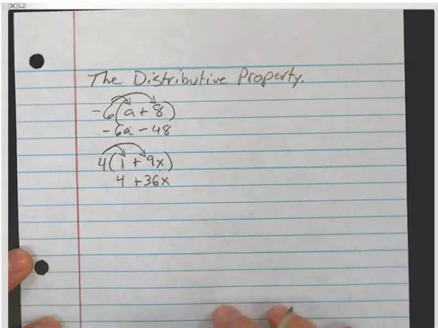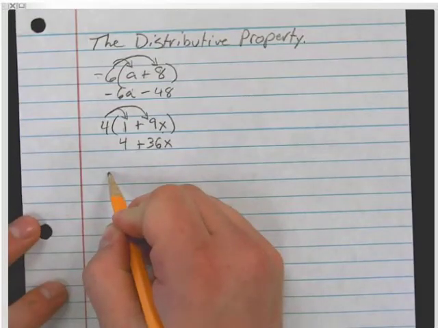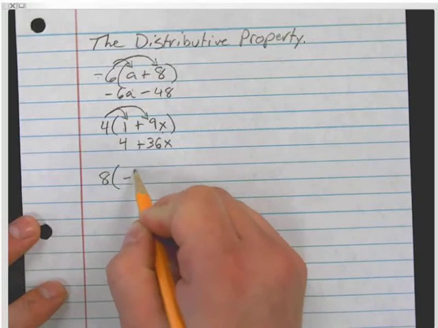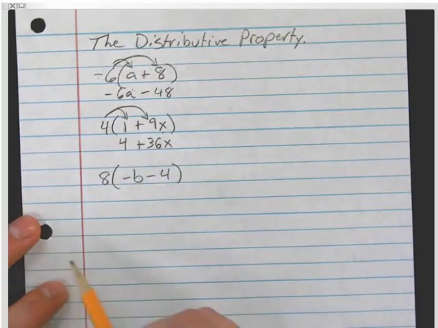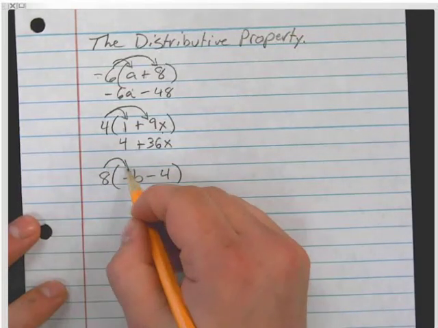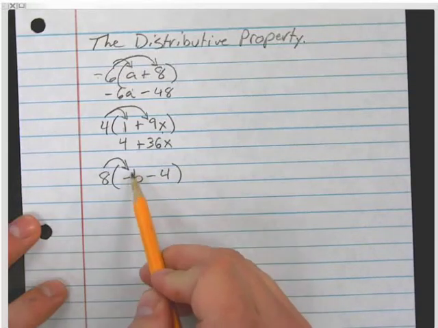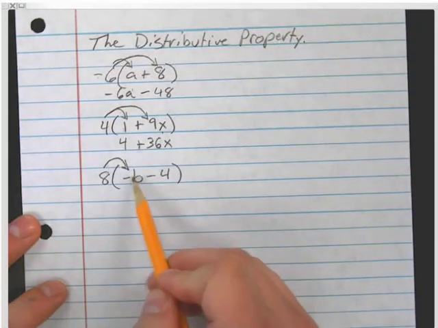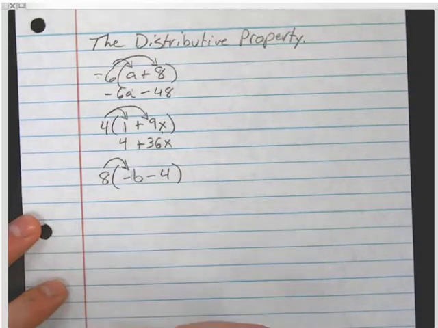Alright, another example rather, is 8 times the quantity negative b minus 4. First we're going to do it the exact same way. The 8 gets distributed to negative b first. Now whenever you see a negative in front of a b, or in any case, if nothing's in front of the b, there's always like an imaginary 1 there.